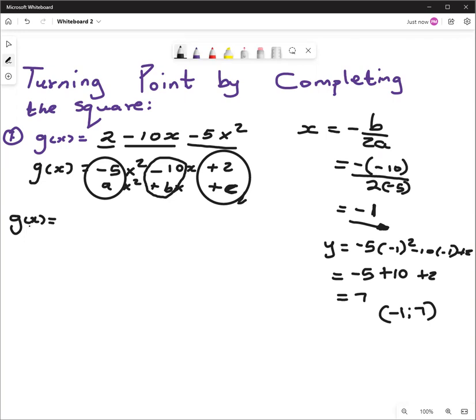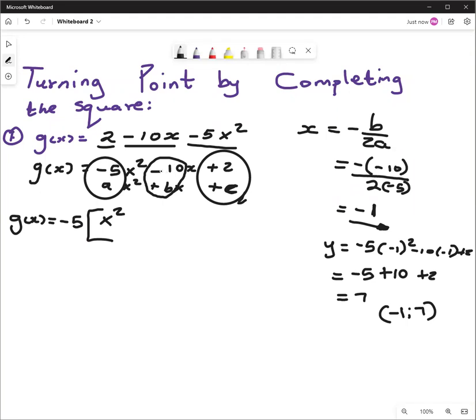But because this side is not 0, I'm going to put negative 5 outside, and then you do this. Here, if you divide by negative 5, you're left with x squared, which is what you need, right? You only divide inside the bracket. You divide everything if you have 0 this side, but for functions, you just divide here and there.